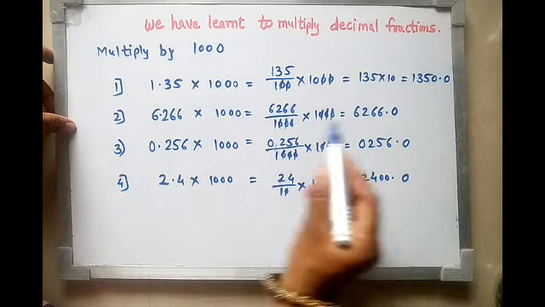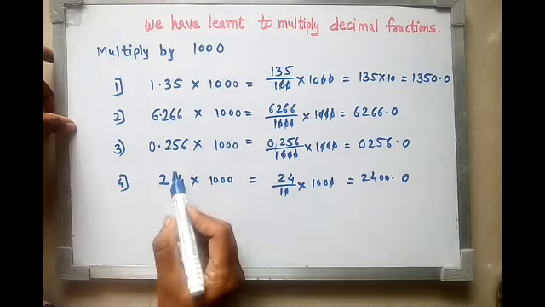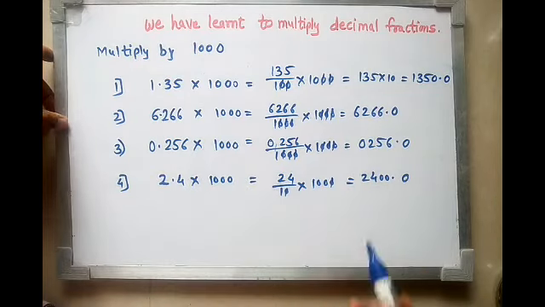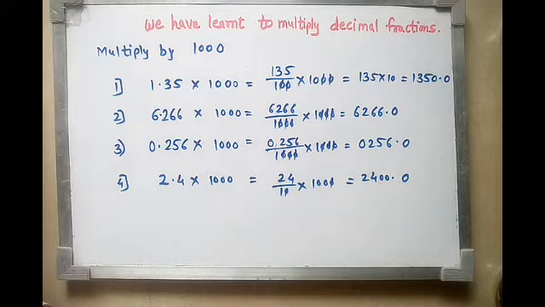When multiplying by 10, 100 and 1000, the decimal point moves to the right side, but when we divide a decimal fraction, the action of division versus multiplication is that the decimal point moves to the left side.